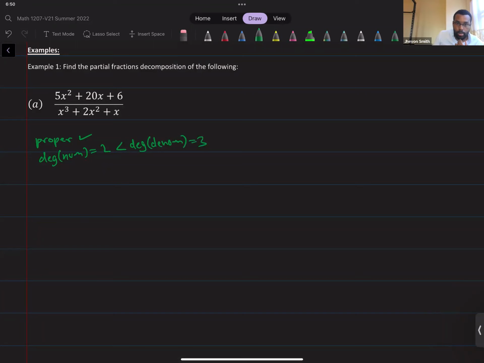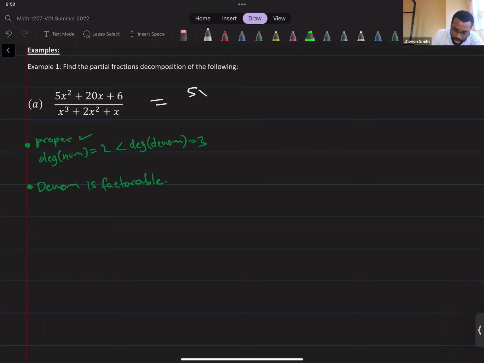So that's the first thing. The second thing is the denominator needs to be factorable. That requires some insight from, say, pre-calculus, where you should be able to see whether that's factorable or not.